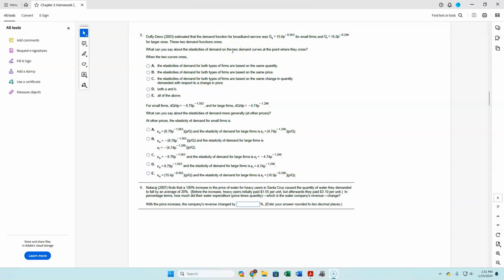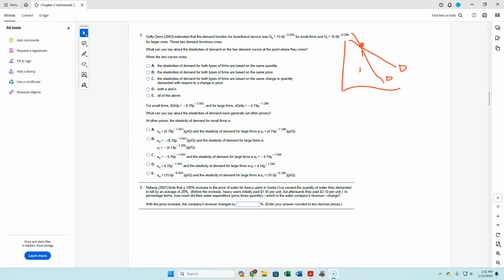Well, just graph it out. So if we've got two intersecting demand curves, one for small firms, one for large firms. It doesn't even matter which one I make which. But at the point where they cross, what is true? Is it true that the elasticities for both types of firms are based on the same quantity?